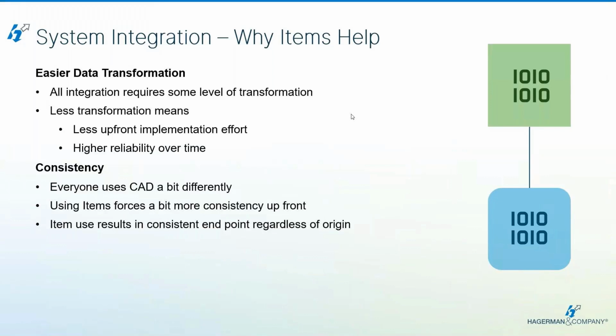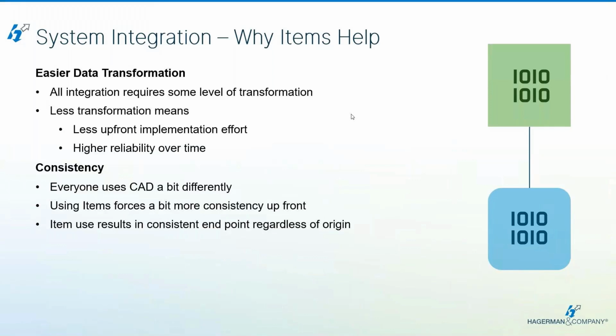The item master is both a way to introduce a bit more consistency up front, but also to have a target. The end result from engineering, no matter how it got there, is always your Vault items and your Vault item master, so that your integration can talk to that one same language, where you might have 50 different CAD files and 50 different templates with 50 different formats feeding the item master.